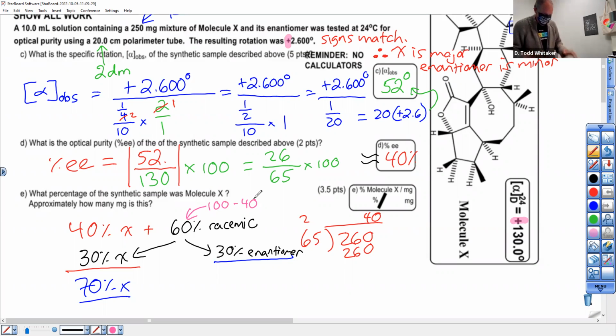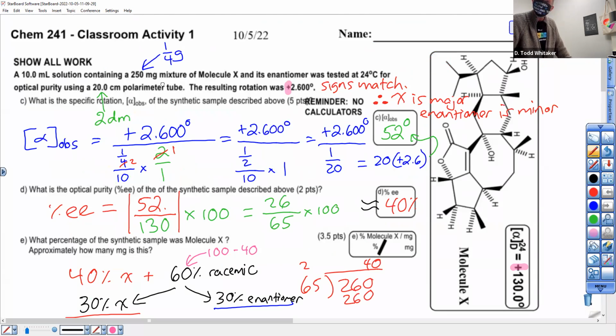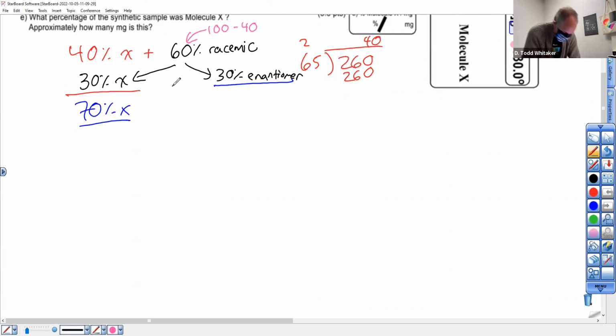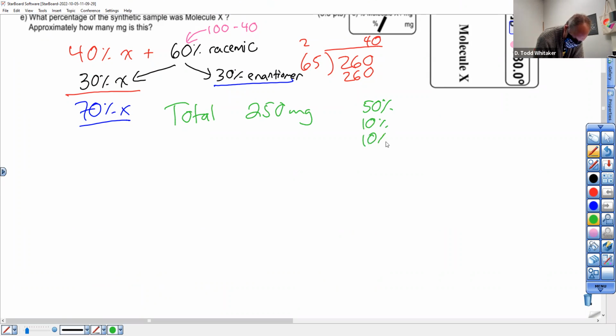And now, ladies and gentlemen, 70% is not a hard math. You go to your total, 250 milligrams. Please tell me what 50% of that is, and then what 10% and 10% is, because the total is 70%.